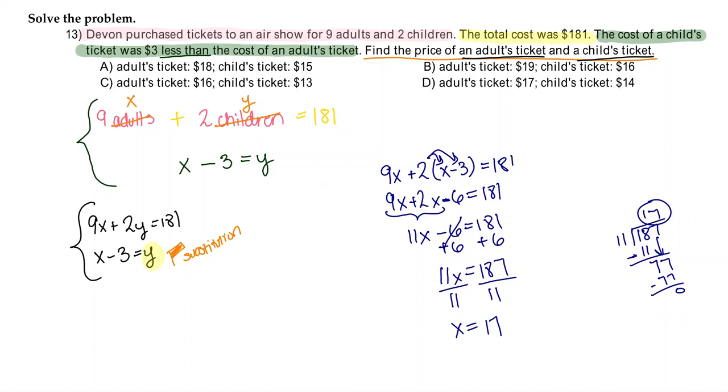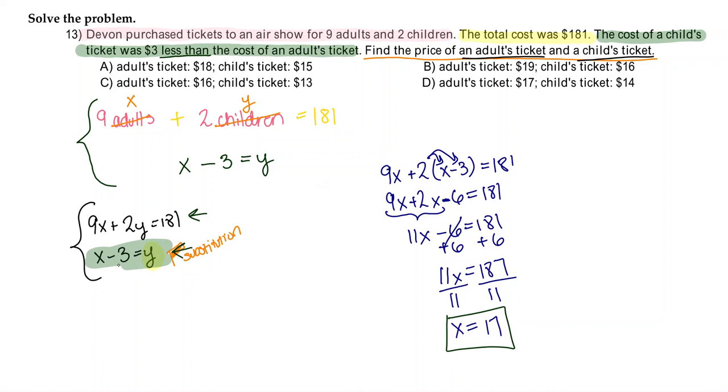But we haven't found the price of a child's ticket. So what we're going to do is plug in x equals 17 into one of these equations. It doesn't matter which one you choose. I'm going to choose the second one, because it's already set equal to y, which will make it easier to find y.